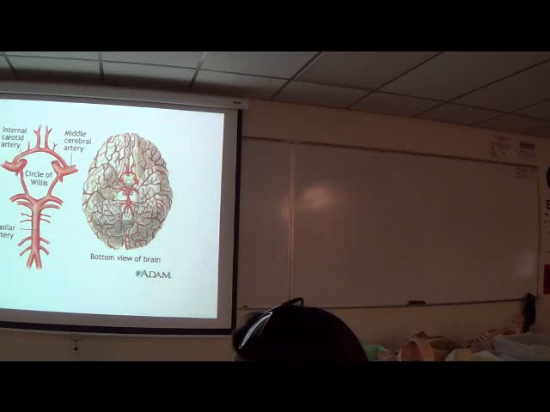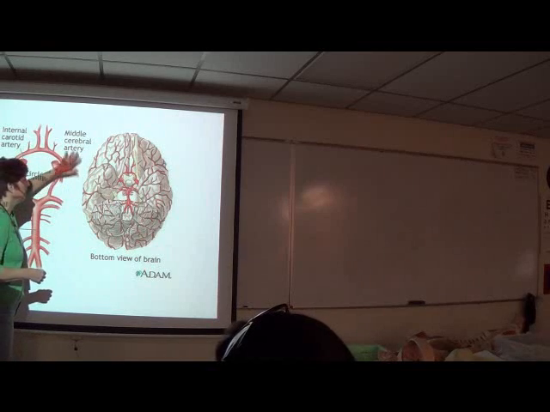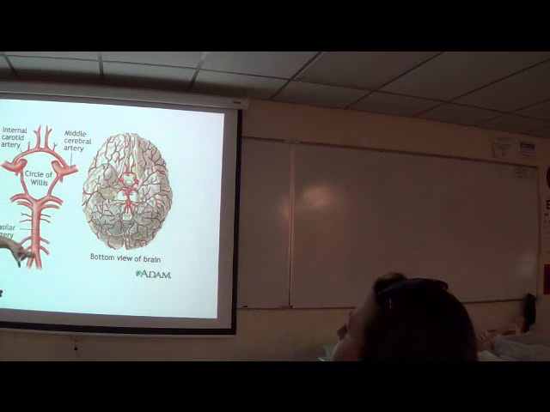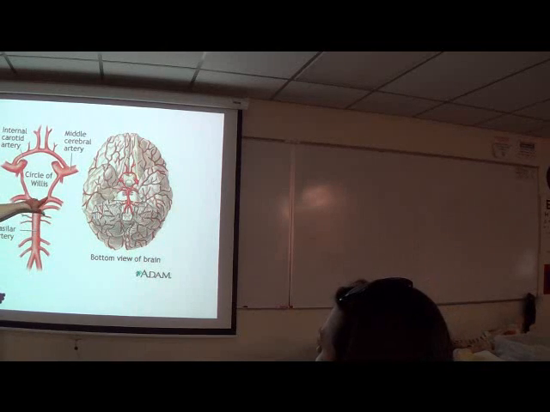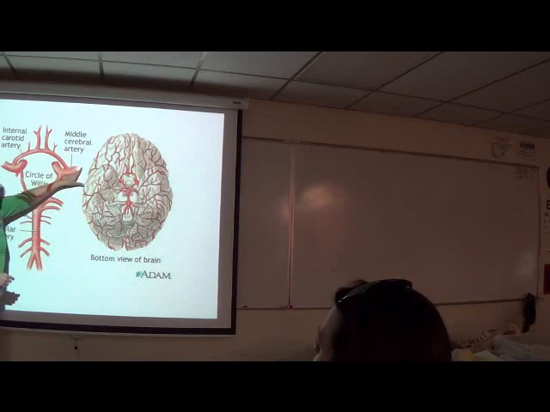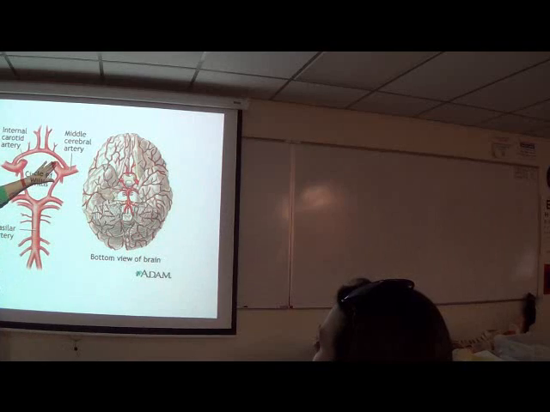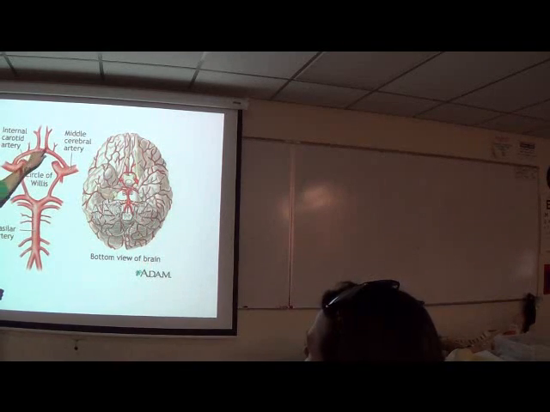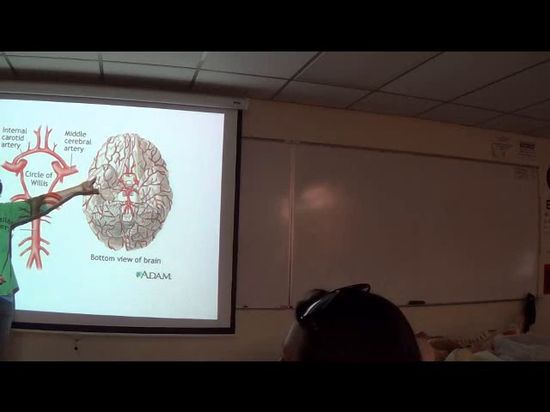That doesn't mean that the right side of your brain, it would be this side, doesn't get any blood supply, because we have coming up the vertebral arteries. Blood can communicate through here and go into the middle cerebral artery, even though this is completely blocked off. All right, or it can come in this one and go around and then get to the brain.